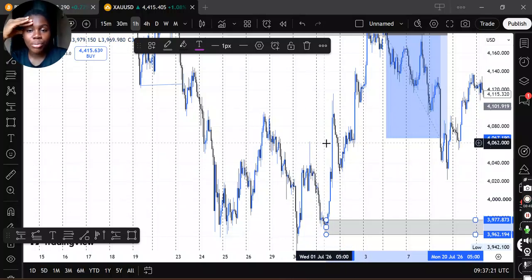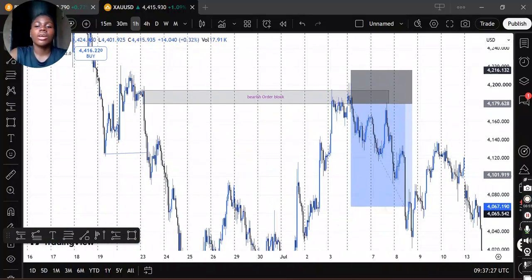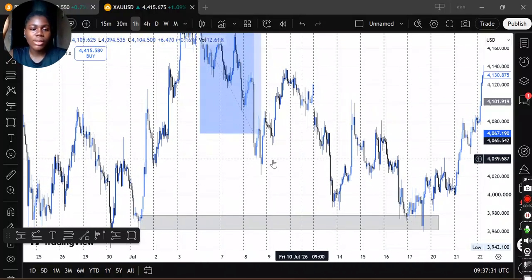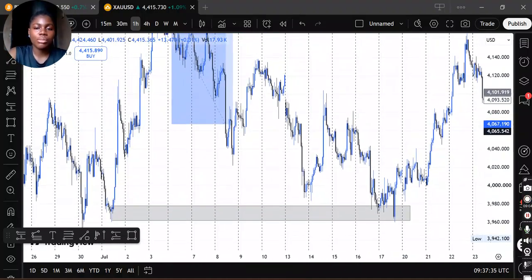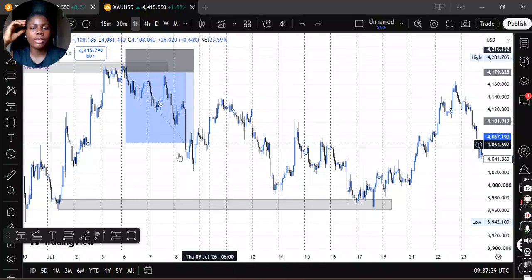And then it created a break of structure, price pulled back into it, and it continued going, respected this other block, and then came downwards. You can see, like I said, our target should be this point, right? Obviously price did get there, but it's slow, right?